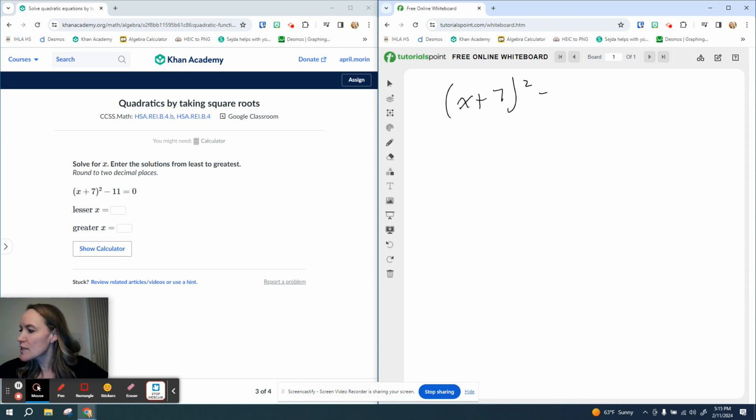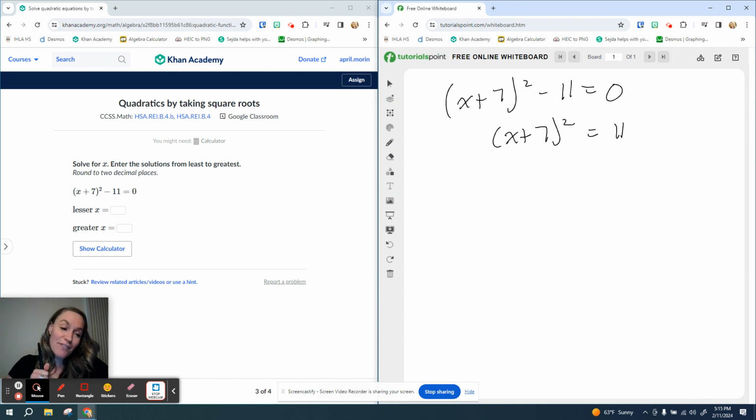Again, we're just looking for zeros here. So I have x plus 7 squared, and I'm going to add over the 11. Notice that 11 is not a square. Remember, it doesn't change our steps. We're just noticing these things so that we can prepare ourselves for how we're going to handle it. Okay, so I'm going to square root both sides.